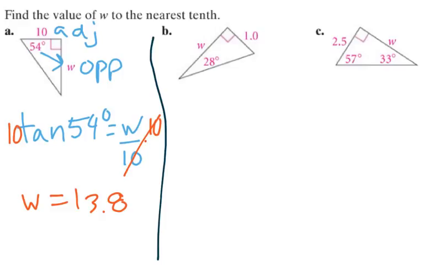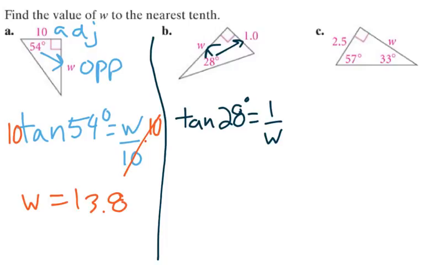Now, this next one. Notice from the 28, the opposite is 1, the adjacent is W. There's a temptation to always put the variable on top, but you have to stick to the ratio. So in this case, the tangent of 28 degrees is equal to opposite 1 over adjacent, which is W. But notice W is in the denominator now, so what do you do?